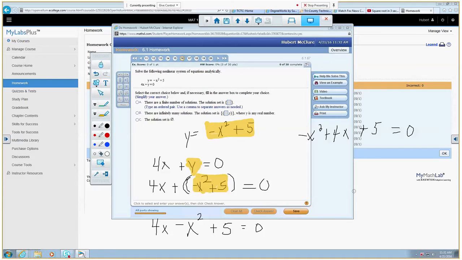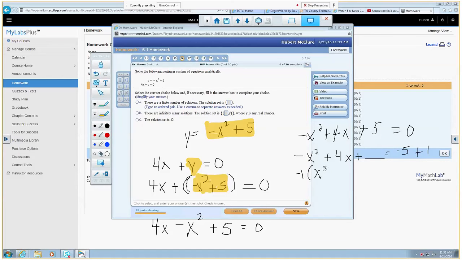Yeah. All right. Negative x squared, this is a good one to put on the final, plus 4x plus blank is equal to negative 5 plus blank. Factor out a negative 1.